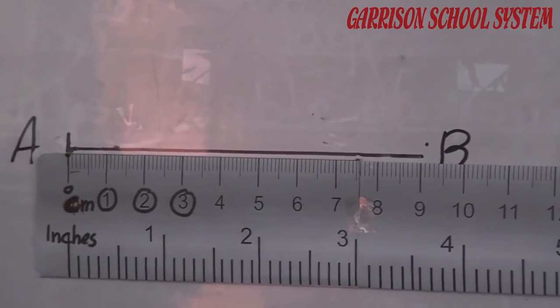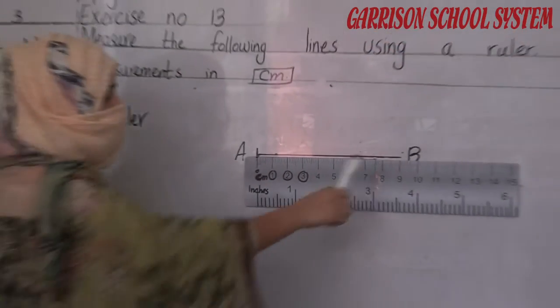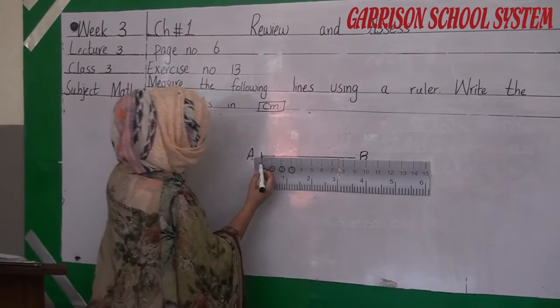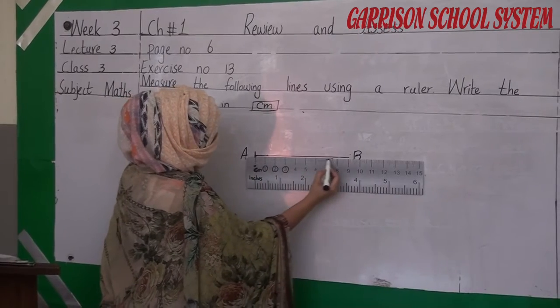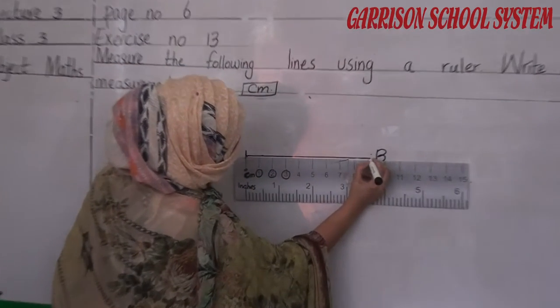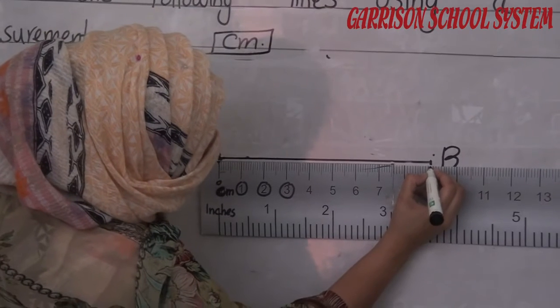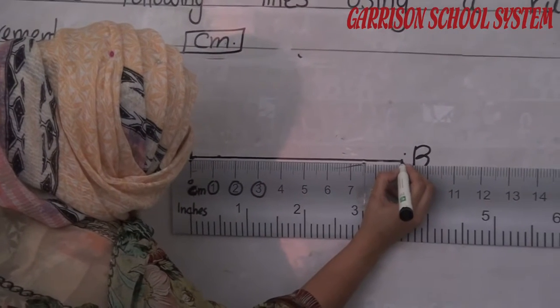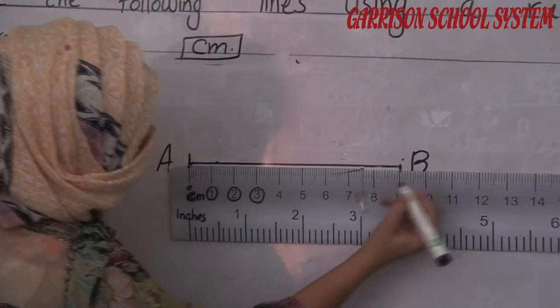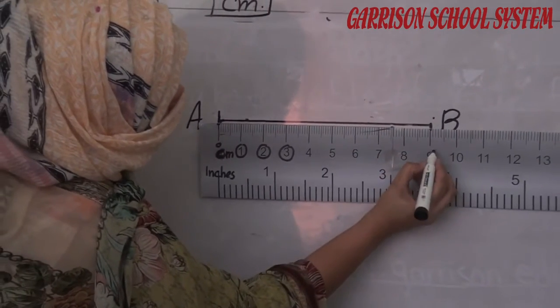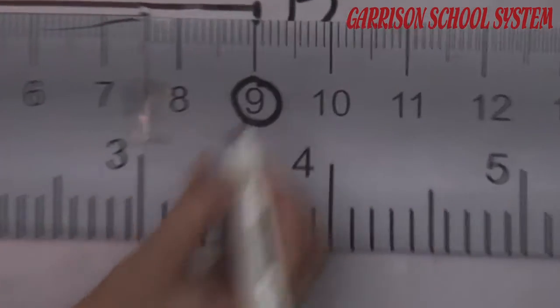In which number our line is ending, that will be our measurement. Here is the ending point of our line AB. The line ends at number 9.